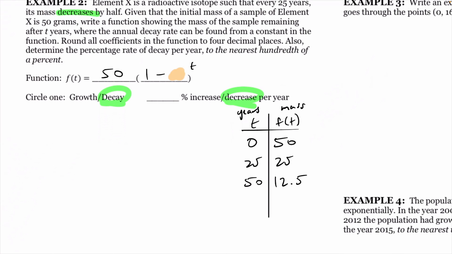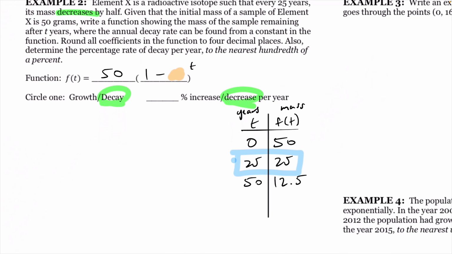Okay? So now I need to use one of those to figure out what R is. Again, I use the middle one. I always use the second one. Do you have to use the second one? No. But that's just what I do. So I'm going to rewrite my function here.